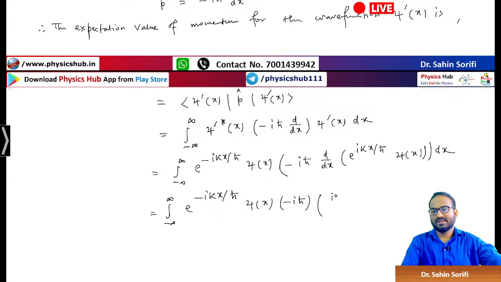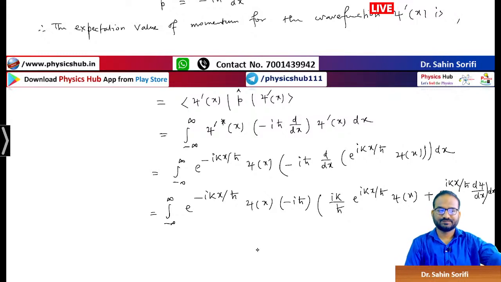So we get i k by h cut e to the power i k x by h cut psi of x, and another term will come, that is e to the power i k x by h cut d psi by dx, and that dx will remain multiplied as it is.